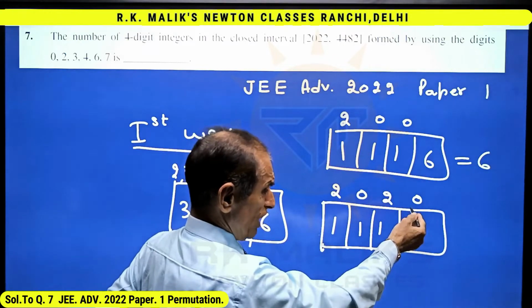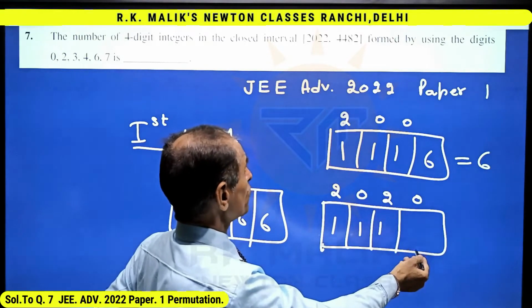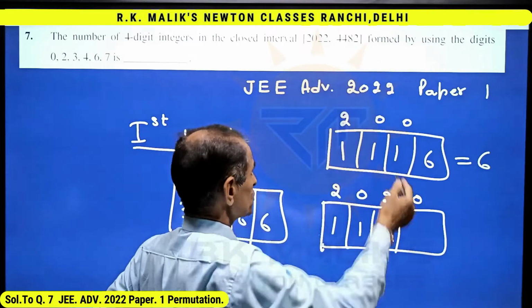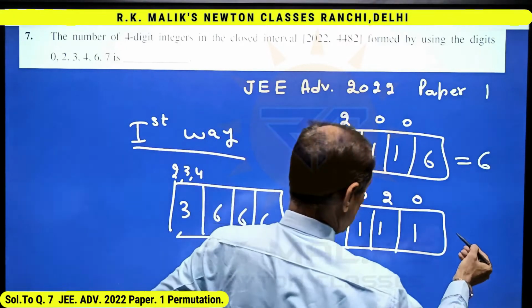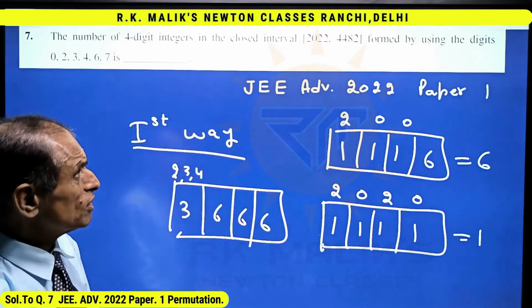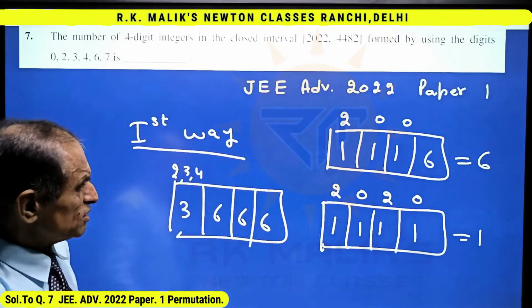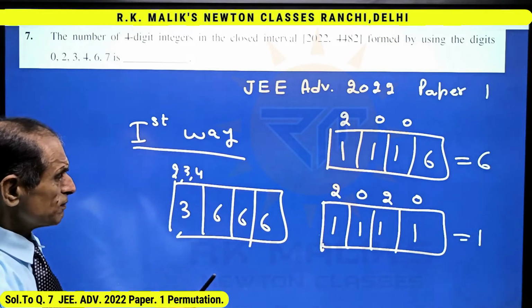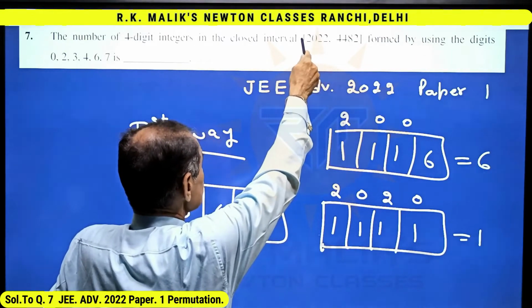Except 0, if any other digit comes, then the number formed will be this or more than this. Therefore, this place is filled in one way, that is one number is there which is 2020, which is less than this. That is, there are 7 numbers which are less than 2022.